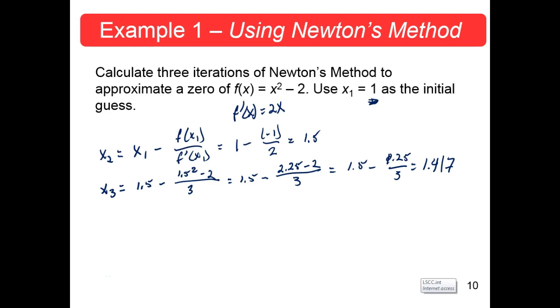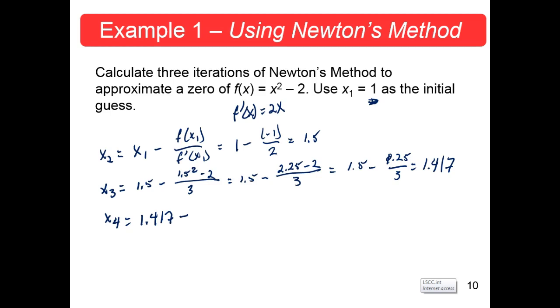Okay. So let's do x sub 4. It says do 3 iterations. This will be our third one. Okay. So it's 1.417. So don't erase that from your screen. Minus, in fact, put it in memory if you can.